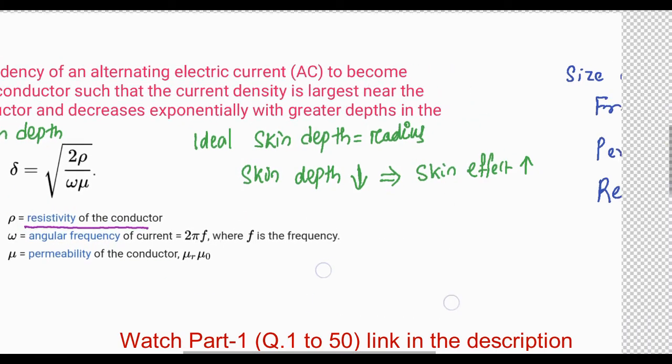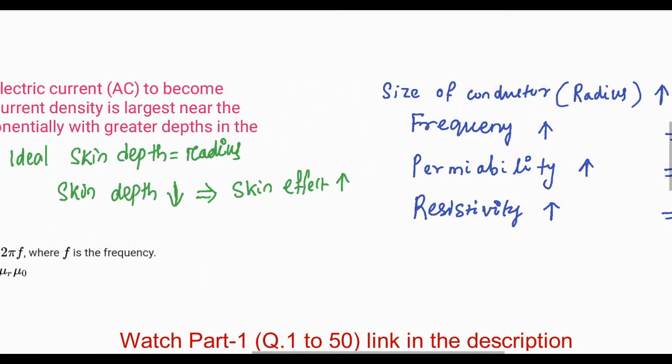So what is the ideal skin depth? Ideal skin depth is the radius. Skin depth decreases, so skin effect will increase. That means less part of the cross section is containing the maximum current density.